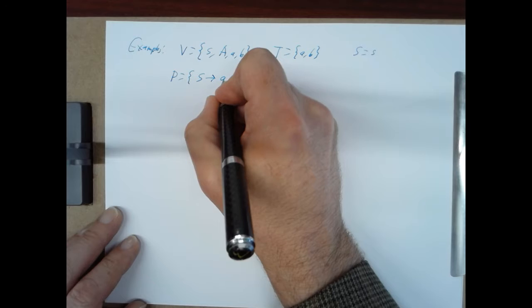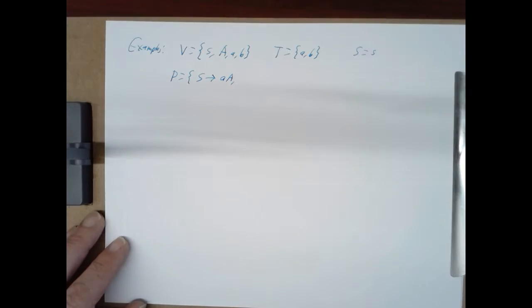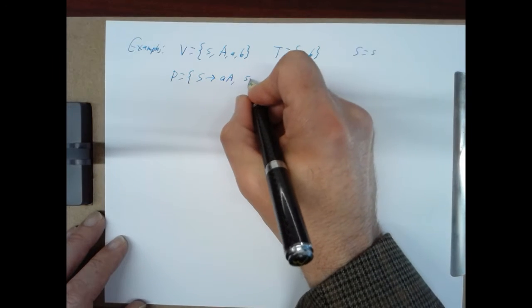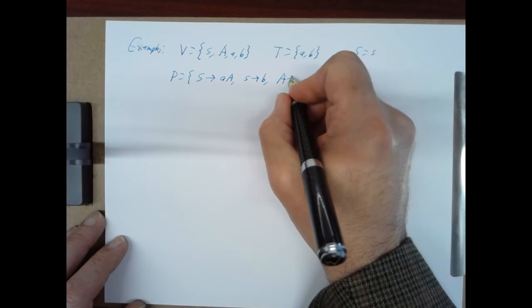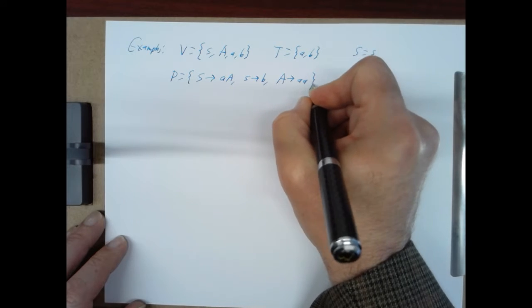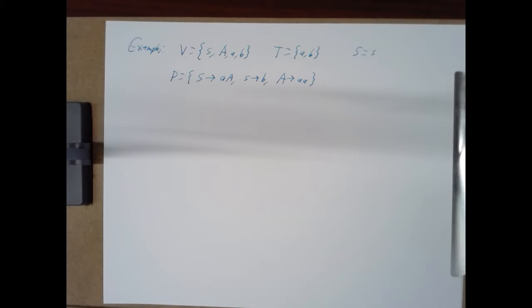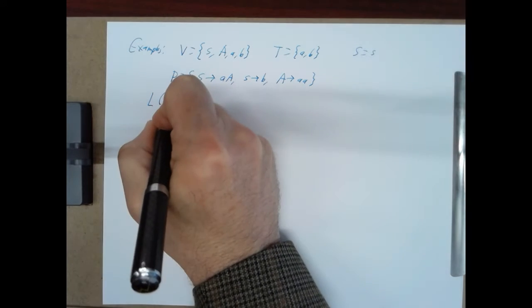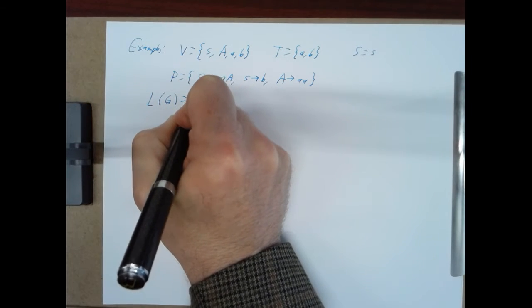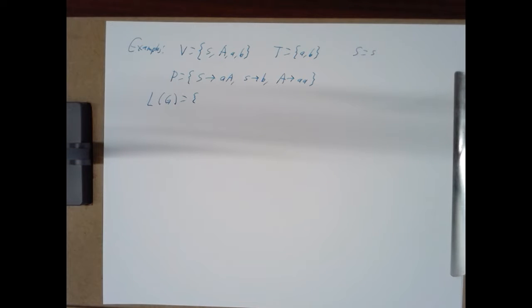S can go to little a followed by big A. S can go to B, little b. And big A can go to two little a's. So what is the language over this grammar? Language generated by this grammar.